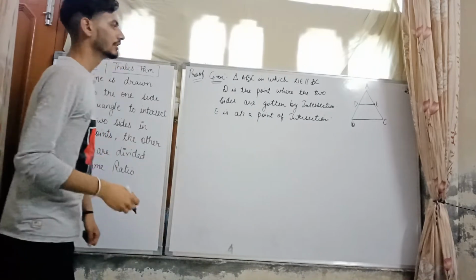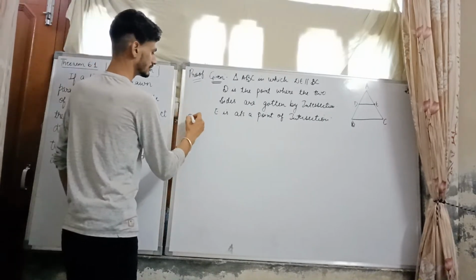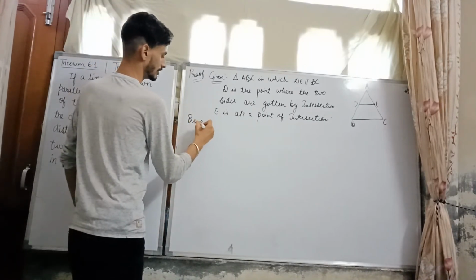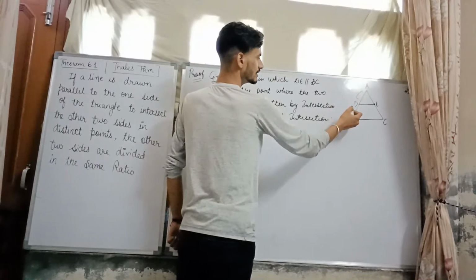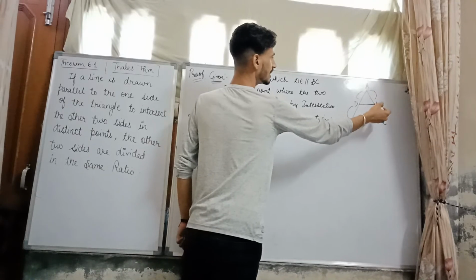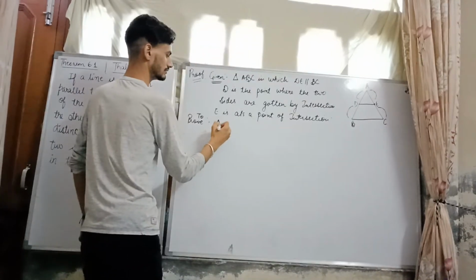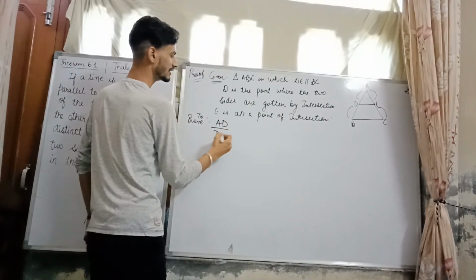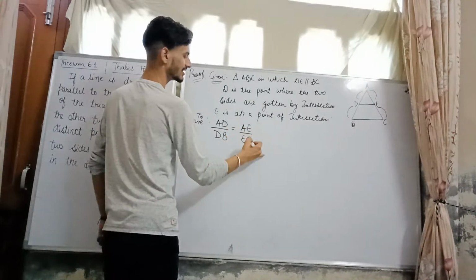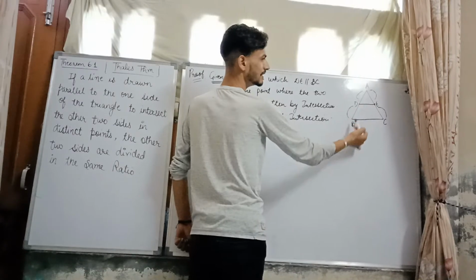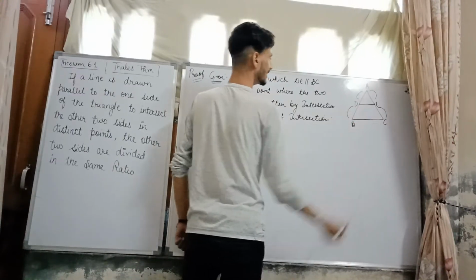So, in order to prove, we need to prove that AD upon DB equals AE upon EC.